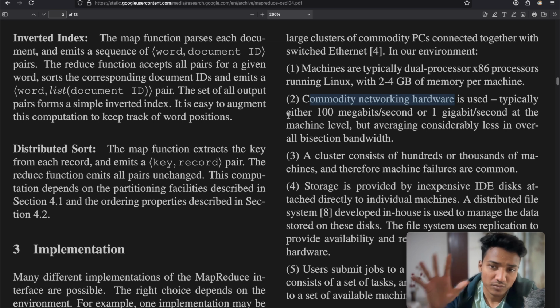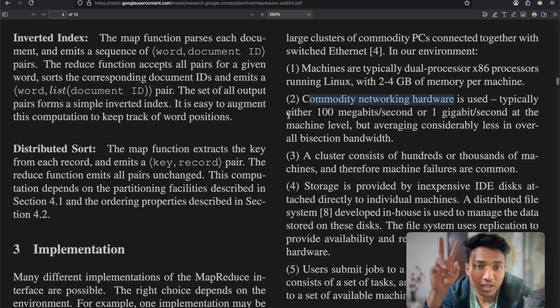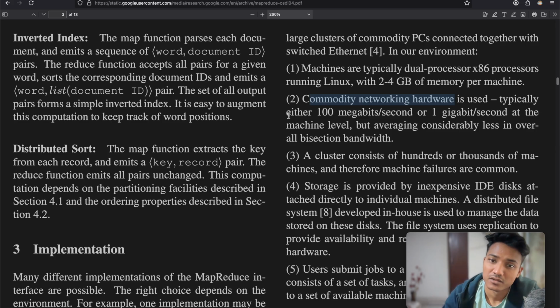The data flow between two nodes is 100 Mbps or maybe 1 Gbps at machine level. So each node can theoretically have 100 Mbps or 1 Gbps input or output speed. But averaging considerably less in overall bisection bandwidth.